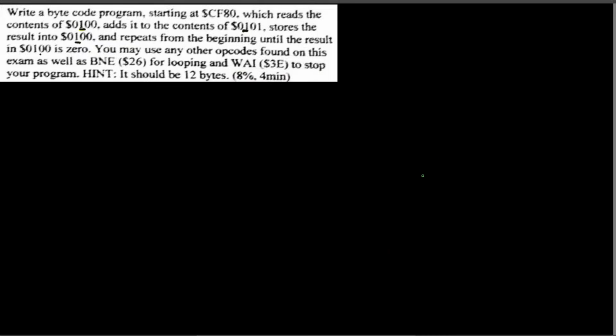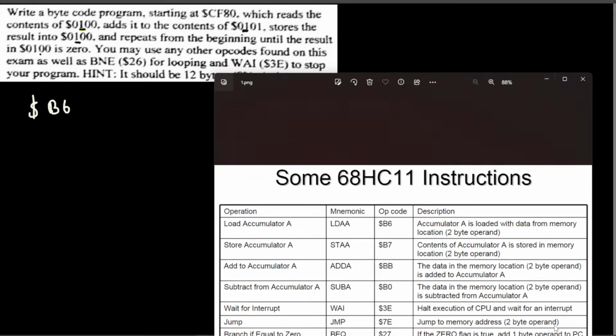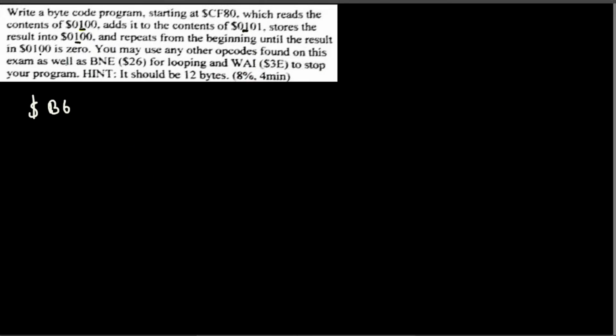So let's see. The code basically comes like this: $ sign B6 for the load accumulator. For load, just the B6 code, and then accumulator A is 8 bits, it only stores 8 bits at a time. 0101, we load like 01, which reads 0100.